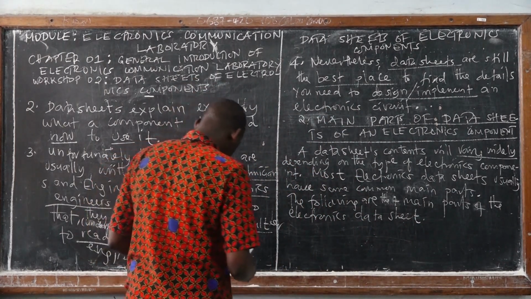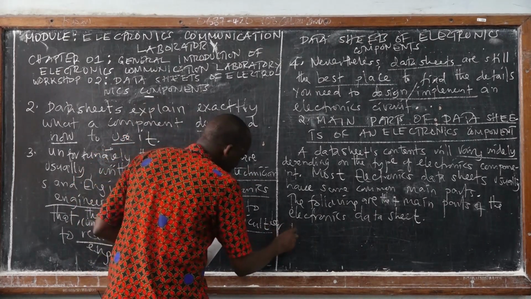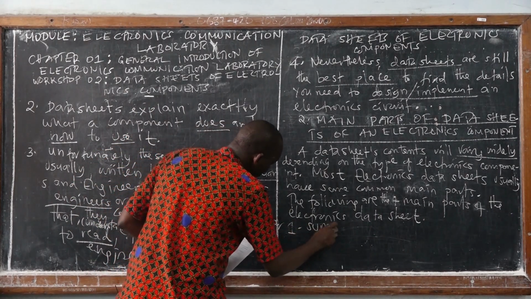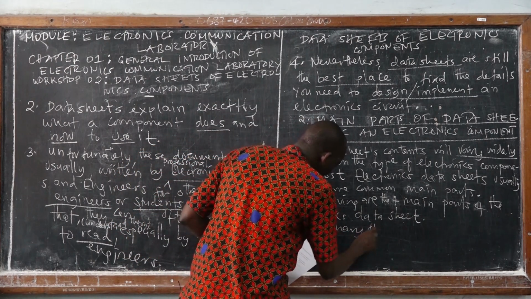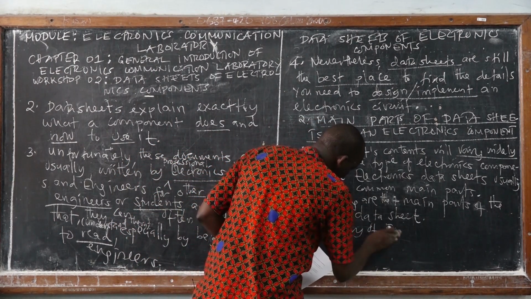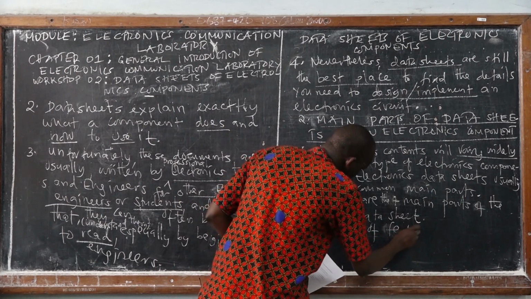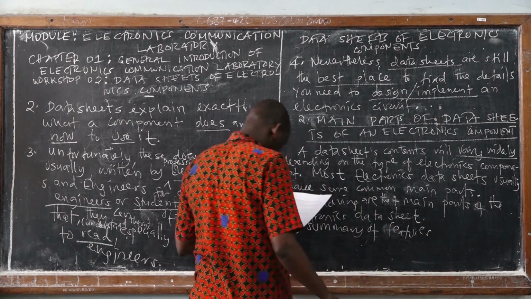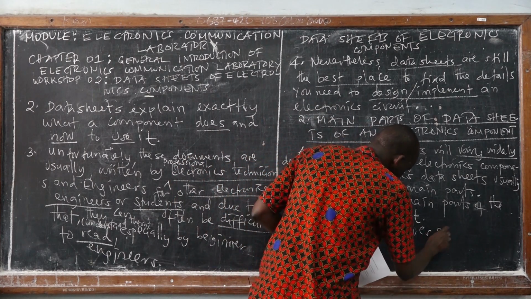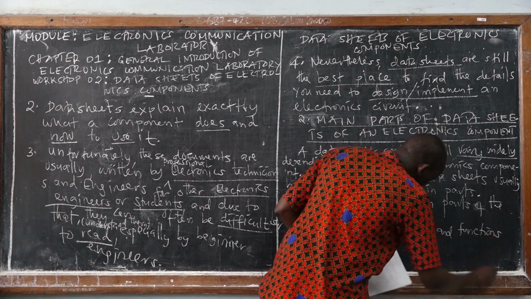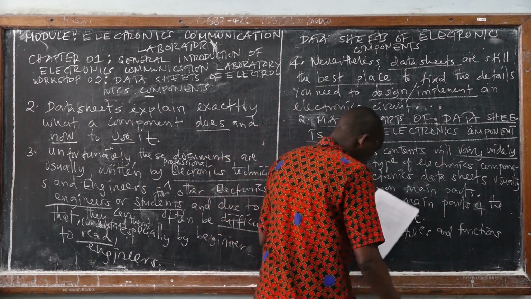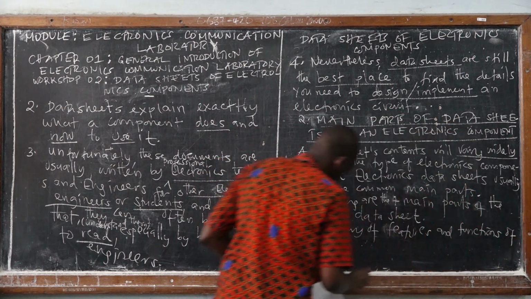So the first main part is called the summary of features and functions of the electronics component.